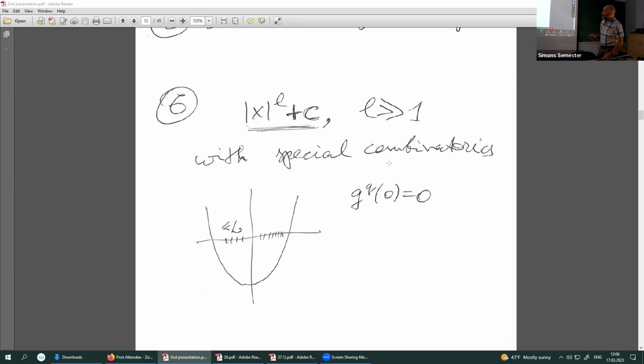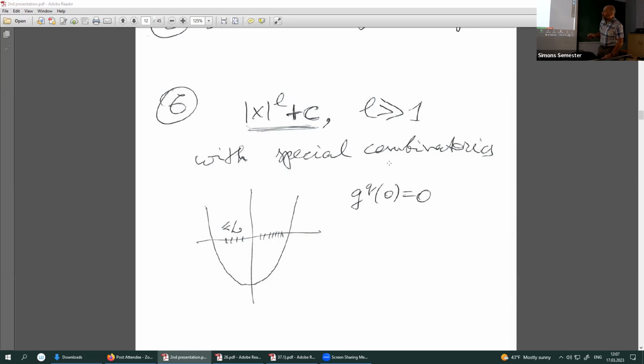The main condition is: consider 0 to be a periodic point, and assume that the number of iterates of this periodic orbit where the map is decreasing is uniformly bounded, and consider all such L and C. Then there is some L star depending only on this number, so that for L bigger than L star there is the lifting property and the transversality.